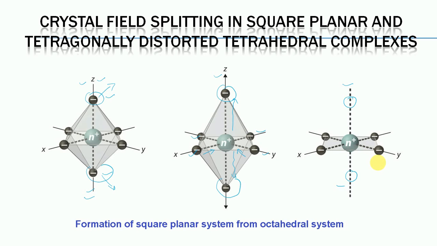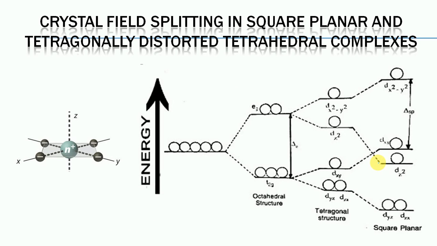So due to this, there is an increase in energy of the d orbitals which are lying on the xy plane. These orbitals are dx square minus y square, and dxy.